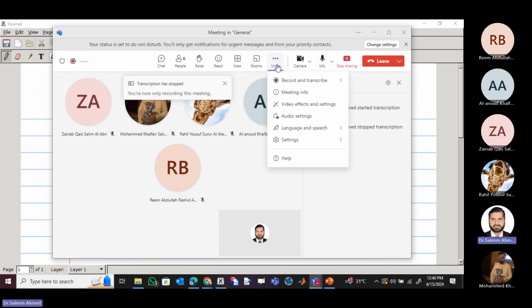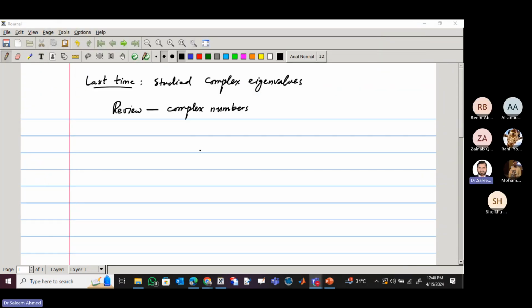It's being recorded now. Okay, so in complex numbers, we saw that any number x plus iota y, or a plus iota b, whatever, these are complex numbers where x and y are real numbers and iota is square root of -1.